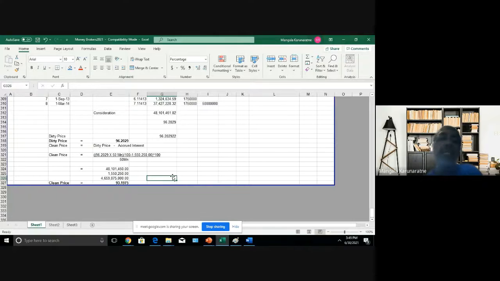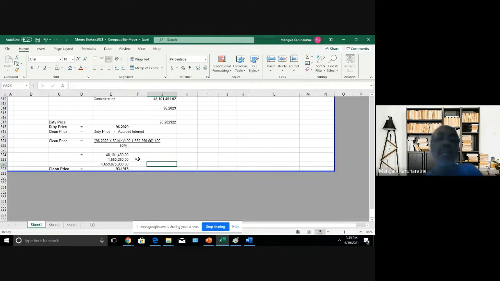You can do it and see whether there are any differences. But now if we take 96.2029 into 50 million, calculate it and see, it will give you 48 million, and divide by 100, because it is 48 million 101,450.